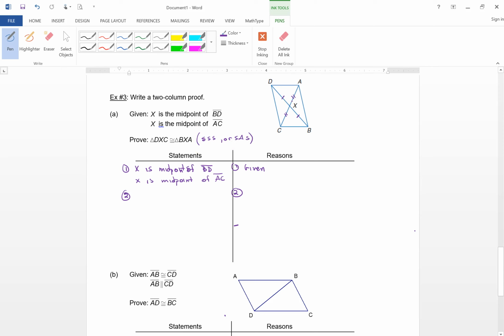I can see here that I have a pair of sides congruent. Here I have a second pair of sides congruent. Also, the angle in between is congruent. That makes it SAS. So since X is the midpoint, I can say that DX is congruent to BX.